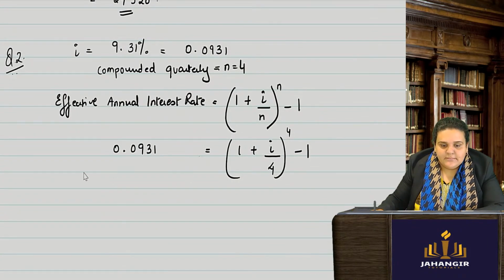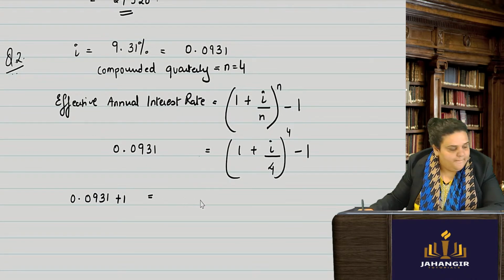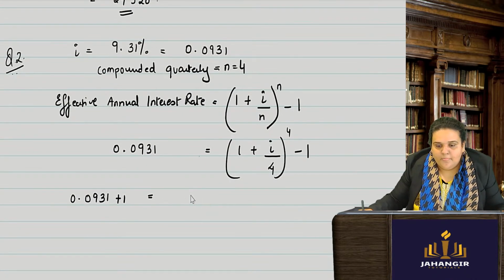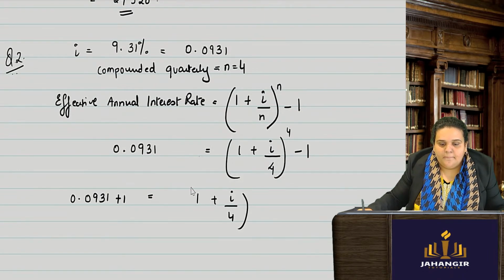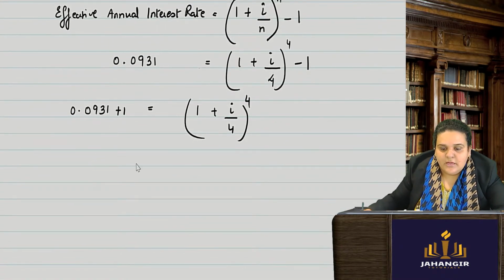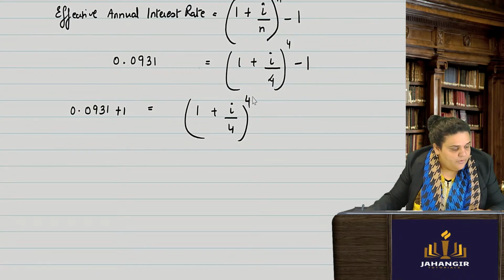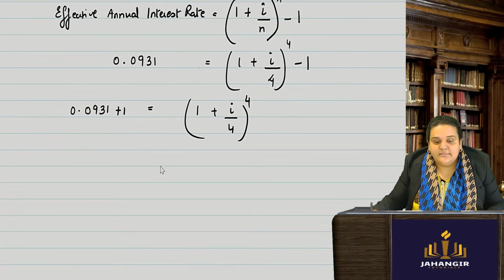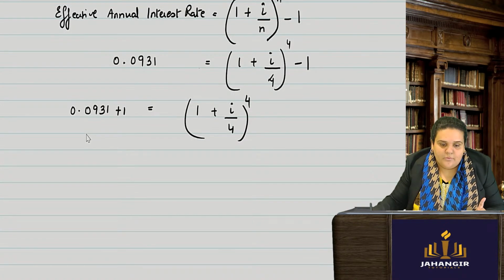Now I'll take this minus 1 on this side, so it will be 0.0931 plus 1, and this will stay as it is, raised to 4. Now when I want to take this power of 4 to the other side, I'll have to take a square root.